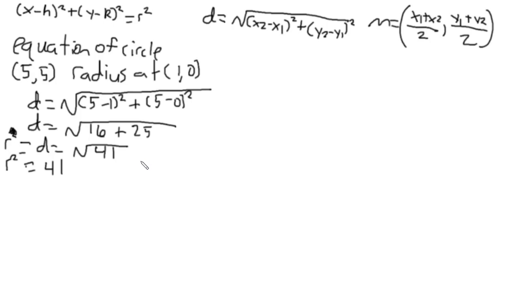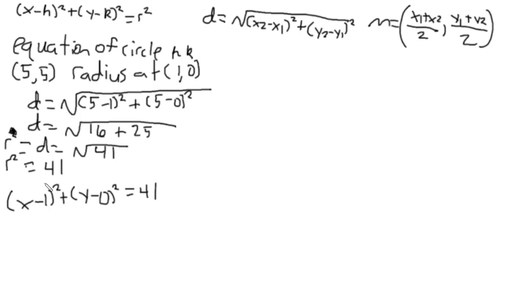Okay, so that's my r squared. So that's part of my formula, and then I need the coordinates of my center, which is the h and the k. So this will be my h, this will be my k. So the equation of this circle will be (x − 1)² + (y − 0)² = 41.